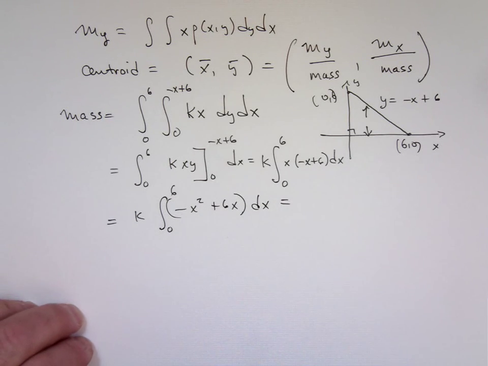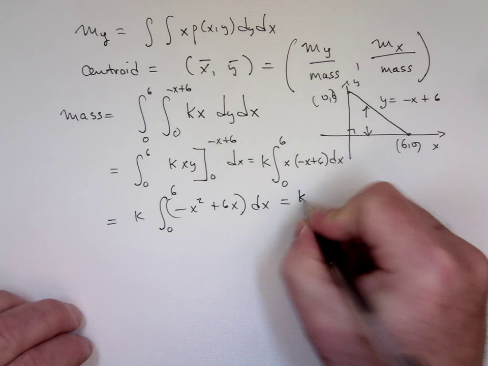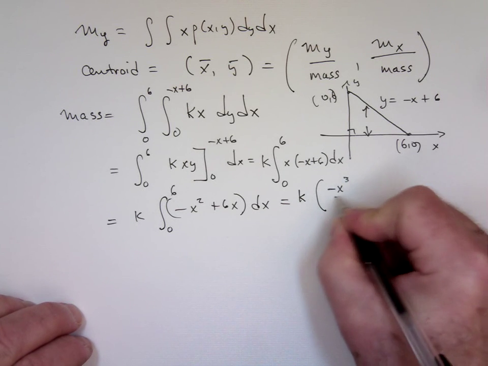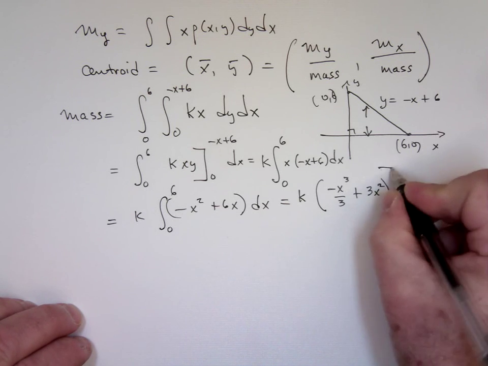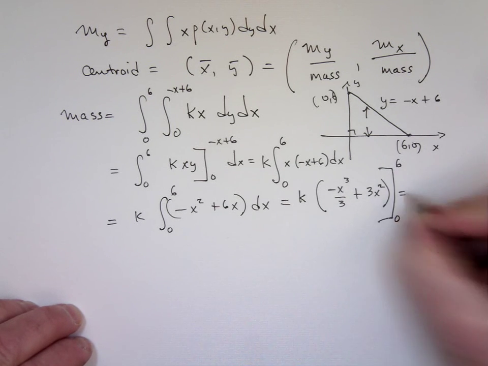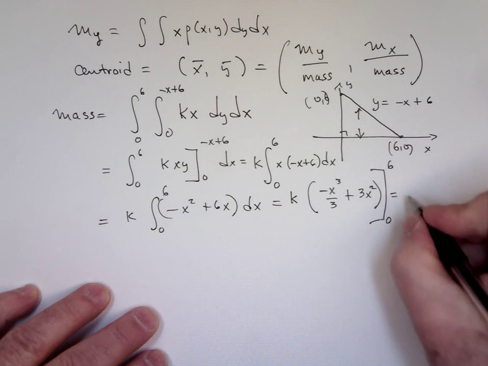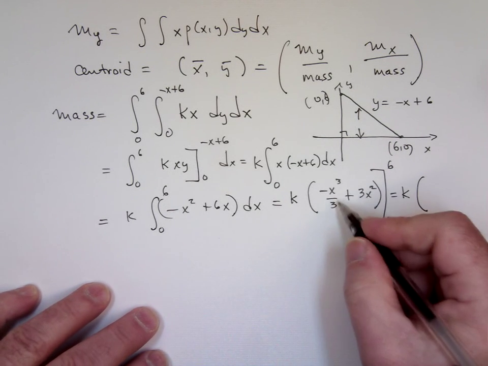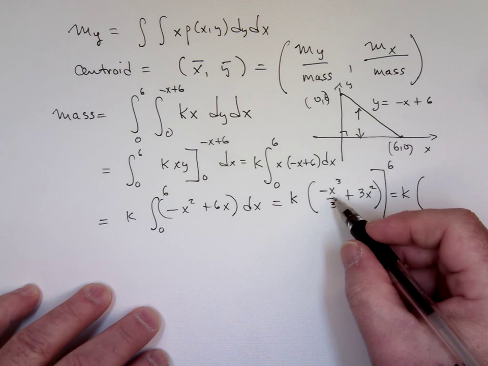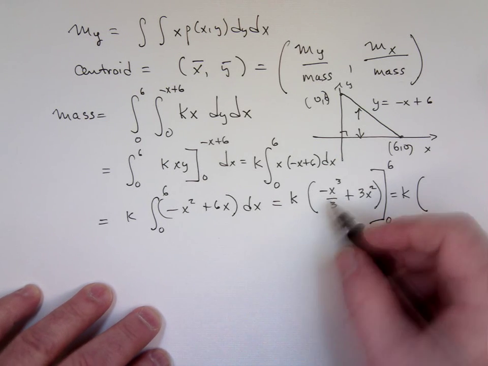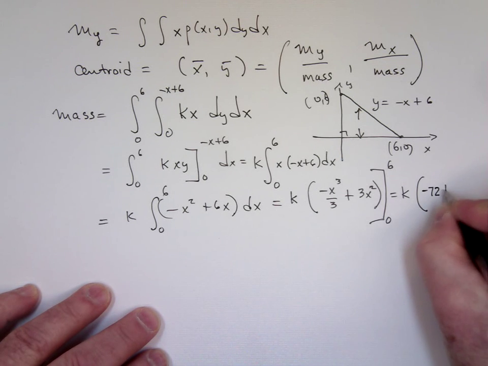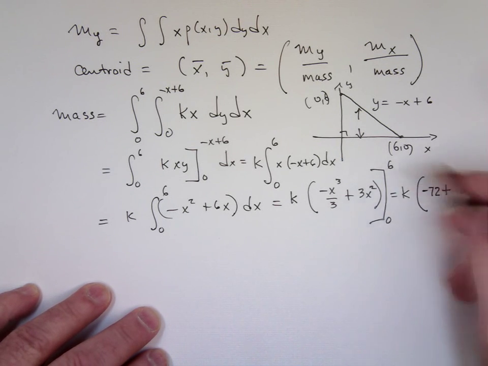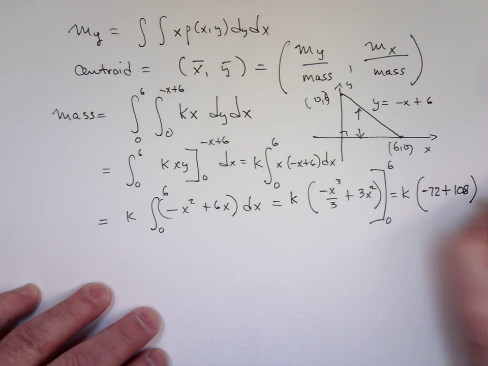Now integrate that. 6x squared over 2. And that's equal to 6 cubed, 216. 216 over 3, 72. 108. Okay, 36 times 10, 108. And we get 36k.